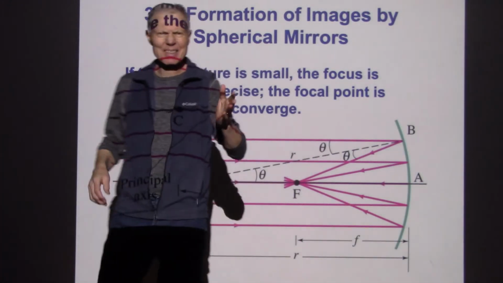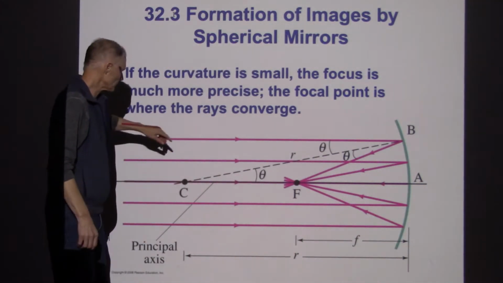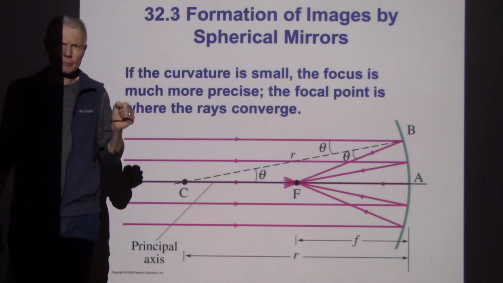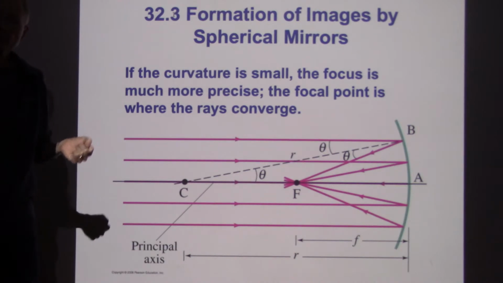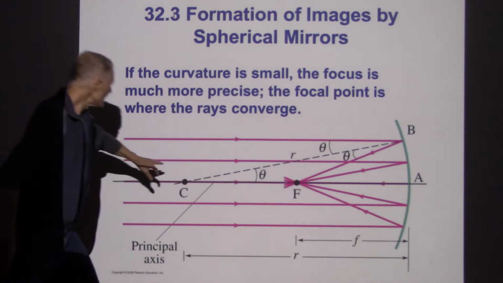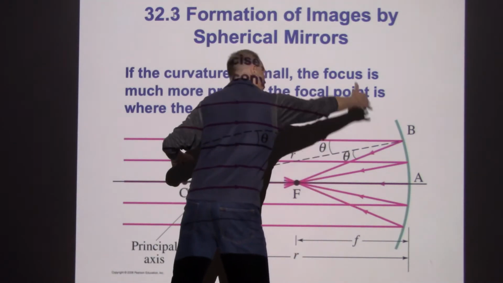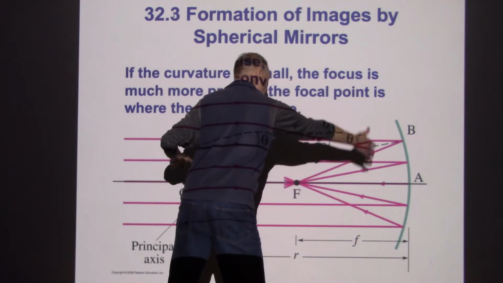Now let's think about the other important point geometrically, and that's the center of curvature for the spherical surface. So this is the center of curvature for that mirror that we've got.